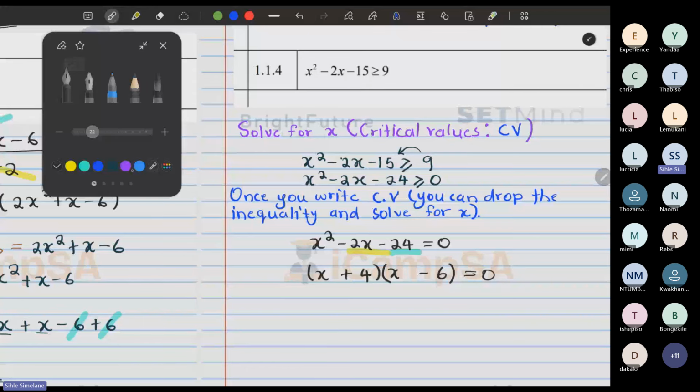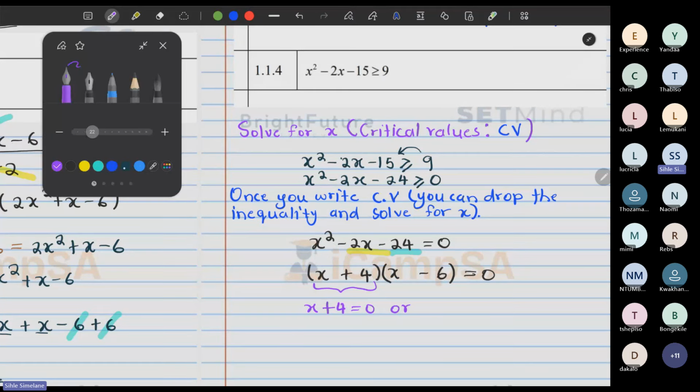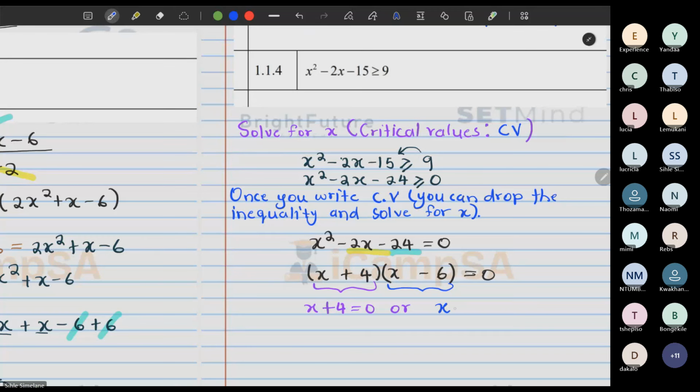And then as always, guys, the two brackets themselves must be equal to 0. So x plus 4 must be equal to 0, and the other bracket, x minus 6, must also be equal to 0. And then all we need to do is to just transpose to get our x values. x is equal to minus 4 or x equals 6.